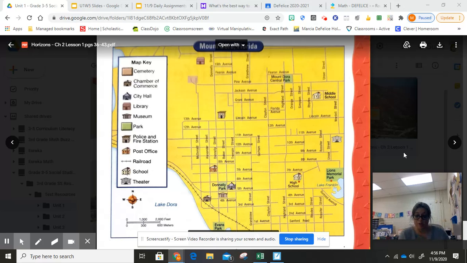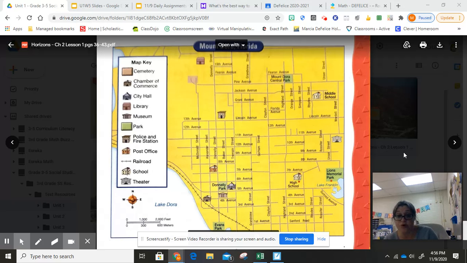Okay, so now I want you guys to try working with a map on your own. If you go back to your packet, you are going to go to page number 10. It says 10 in the corner, and it says read a map. You're going to take a look at this map of Galveston, Texas, and use the map skills that we just talked about to answer the 5 questions that are there.